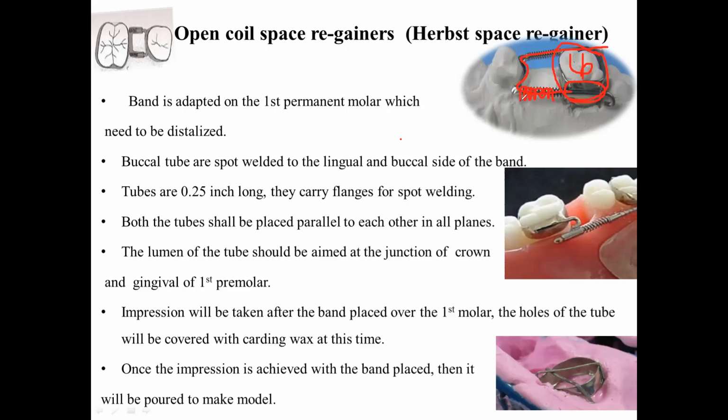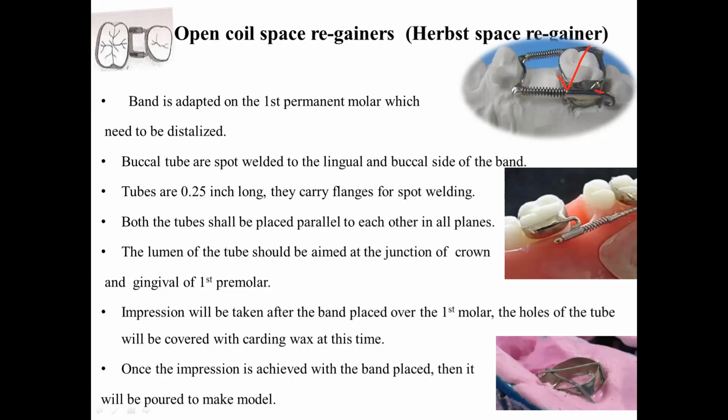So this is called open coil space regainer, and these are its components, and this works as a distalizer. So number one, we have a molar band which is placed over 6, the tooth which needs to be distalized.